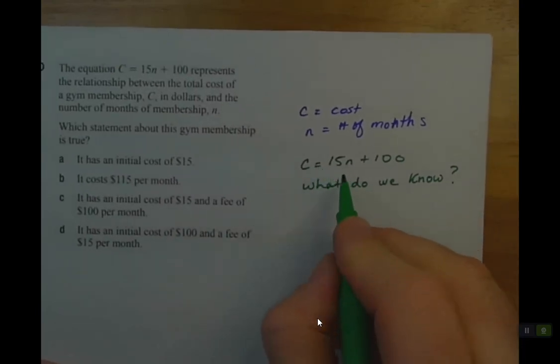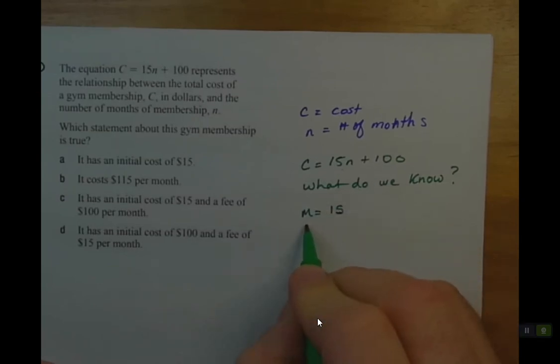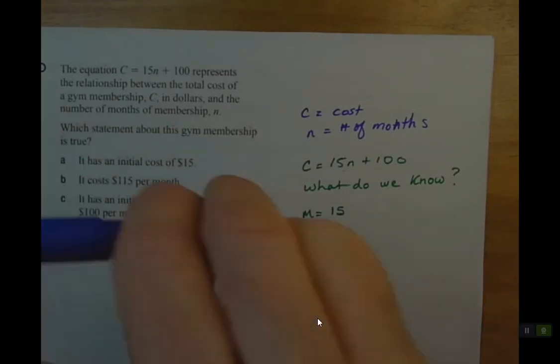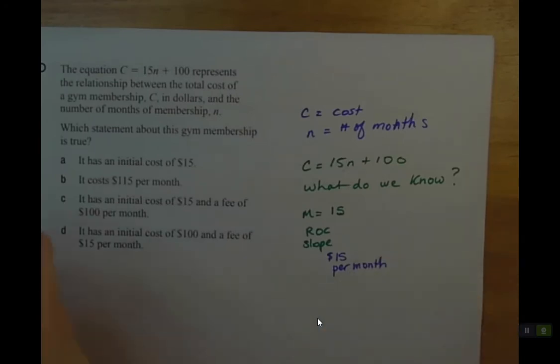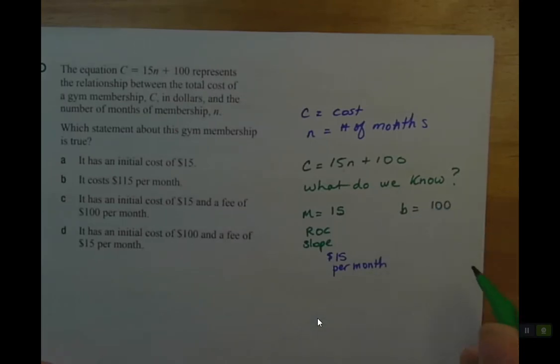Well, we know that our m is 15, so that was our rate of change or my slope. And what does that mean? It represents $15 per month. Our b is 100. And what does our b mean? It's the initial amount, our initial cost, which is $100.